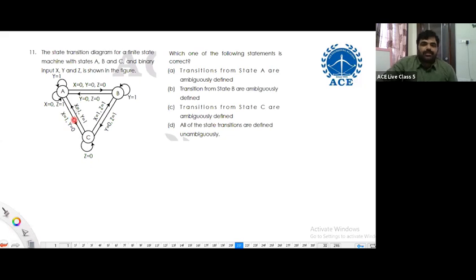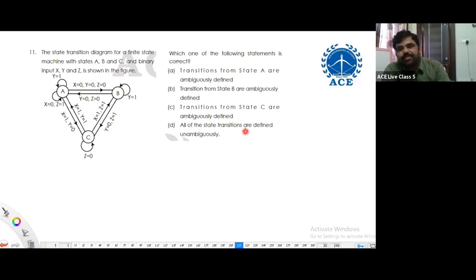Here, there is a word ambiguous. What do you mean by ambiguous? Not clear. Ambiguously means not clearly defined.